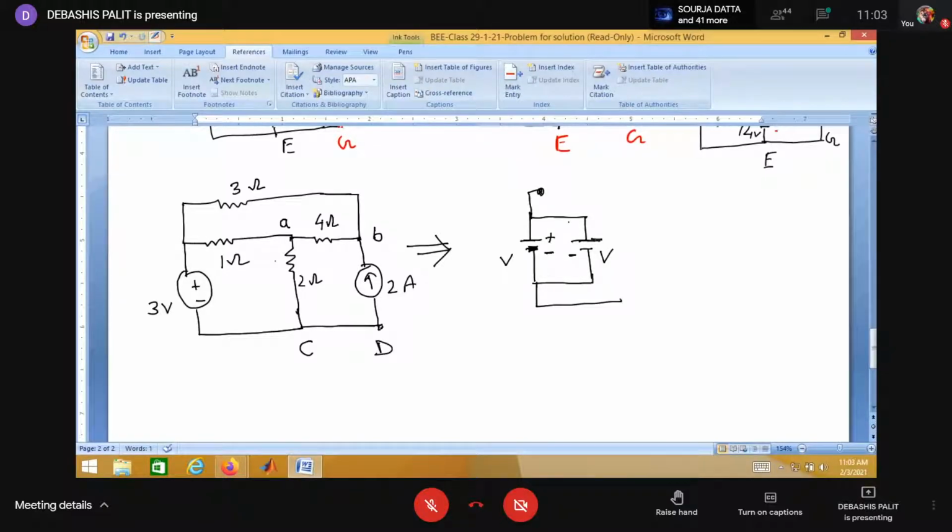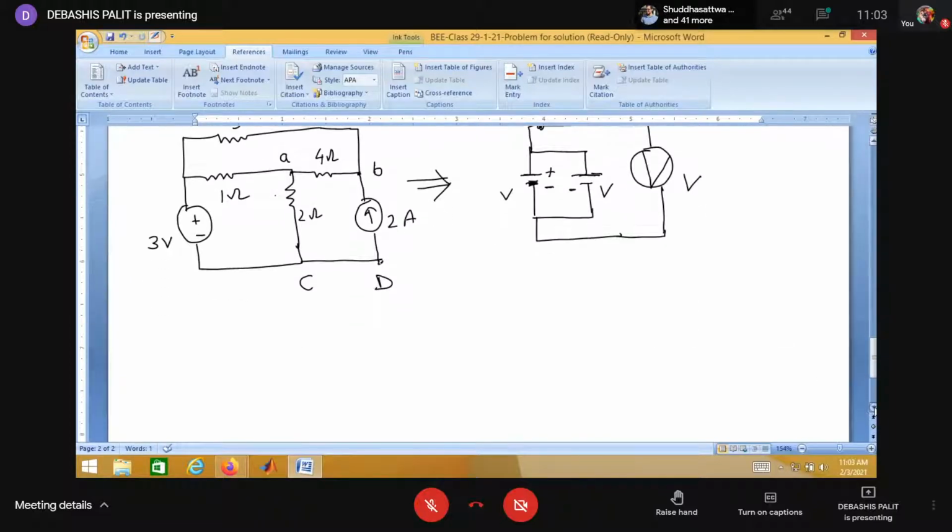If you consider a voltmeter here, symbolically voltmeter is represented like this. How much voltage will you get? Zero. That means whenever two voltage sources are connected with identical polarity in parallel, you will get the same voltage at all. So that concept I'm applying here in circuit theory.